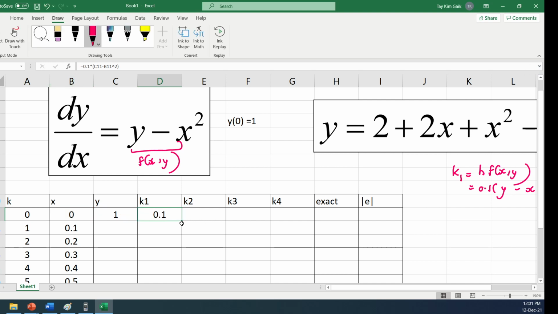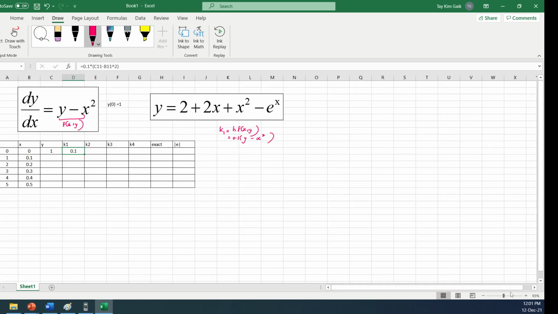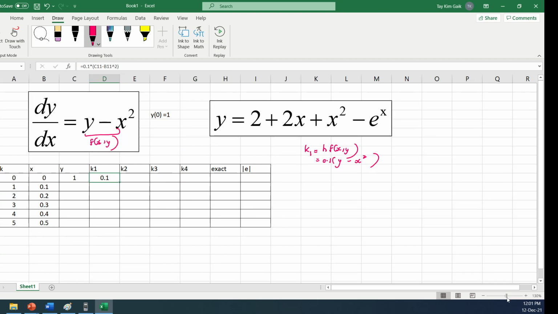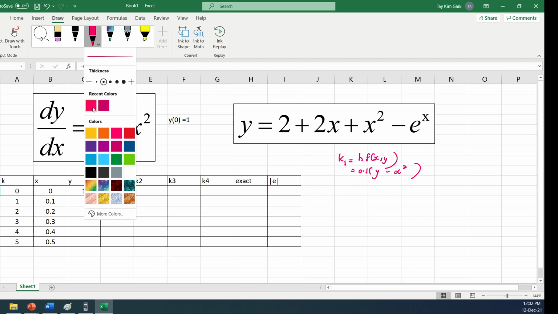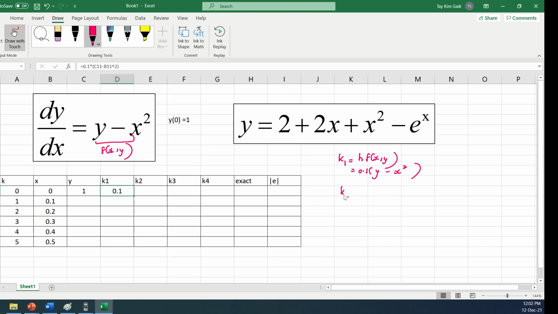Okay, and then you notice, K2 is actually h times f of x plus h divided by 2, y plus K1 divided by 2.